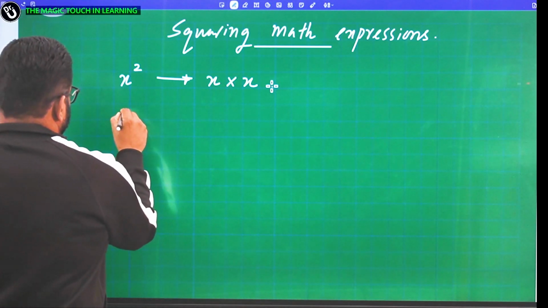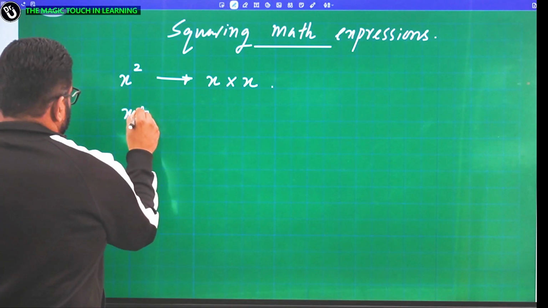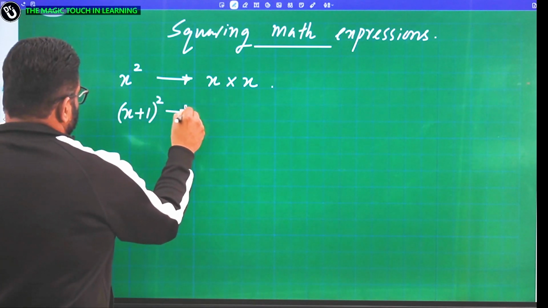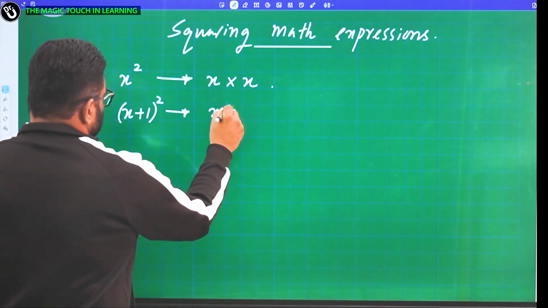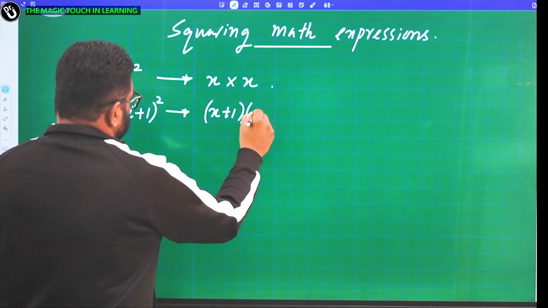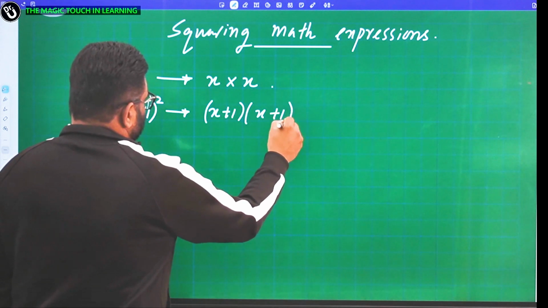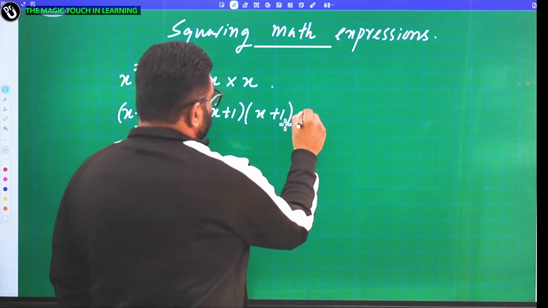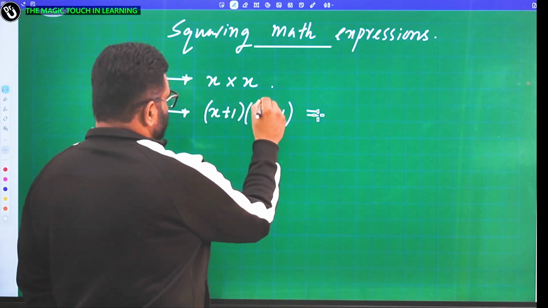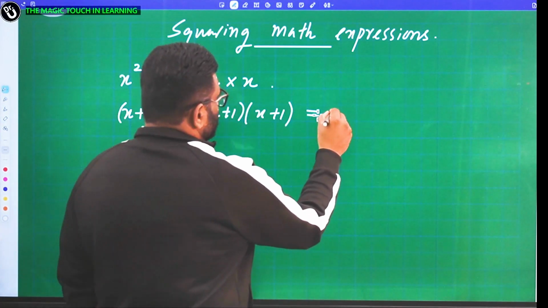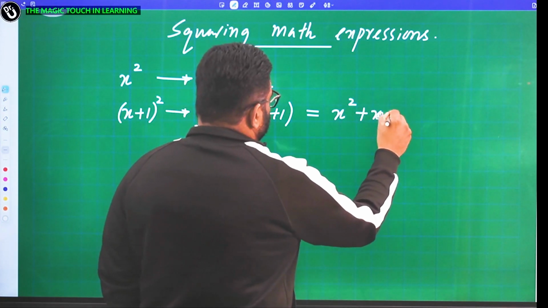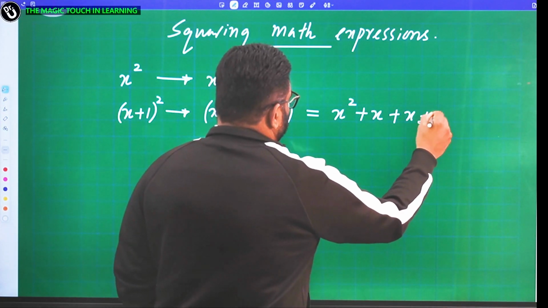Then if I get x plus 1 squared, the meaning of this one is x plus 1 times x plus 1, right? That would be term by term multiplication. If you do that, you get x squared plus x plus x plus 1.